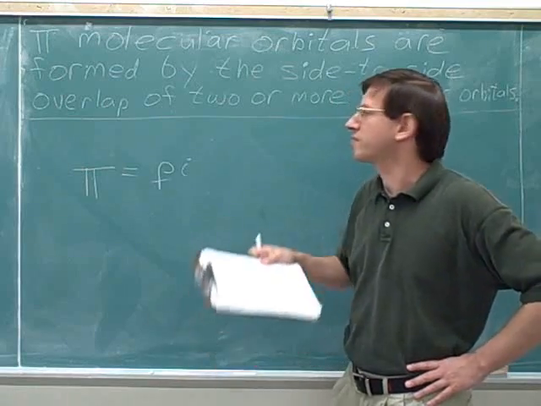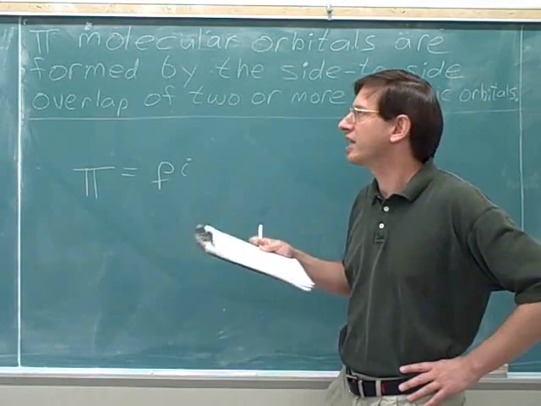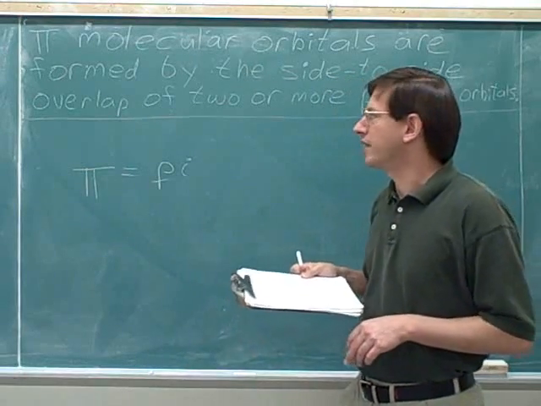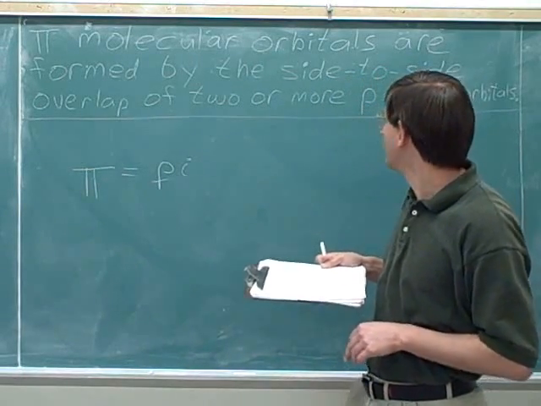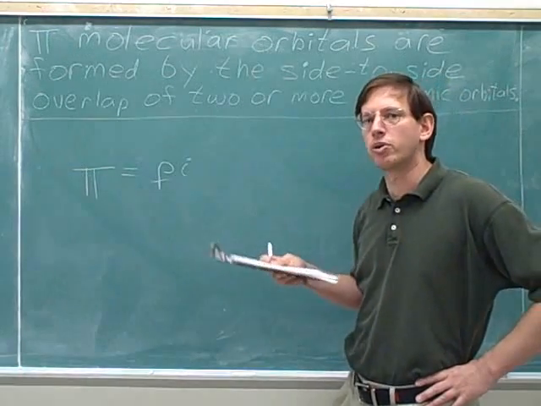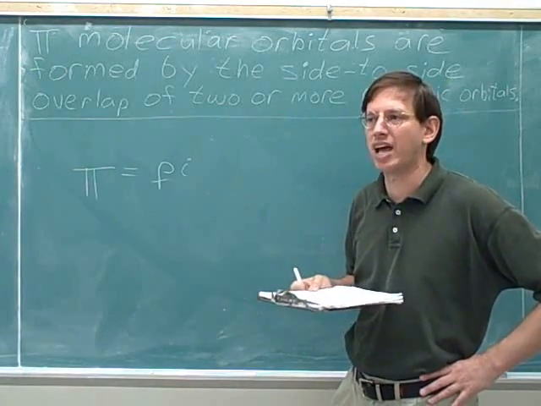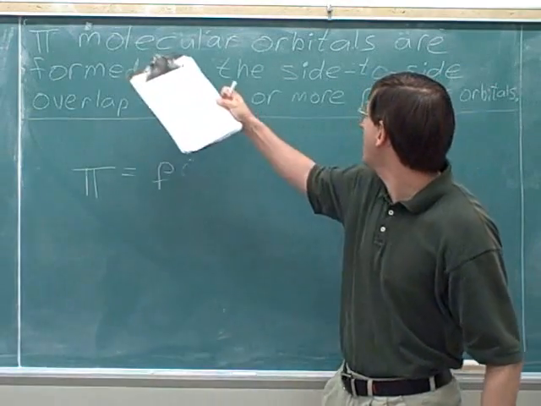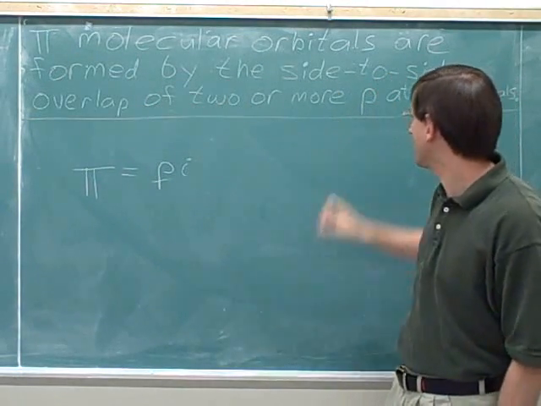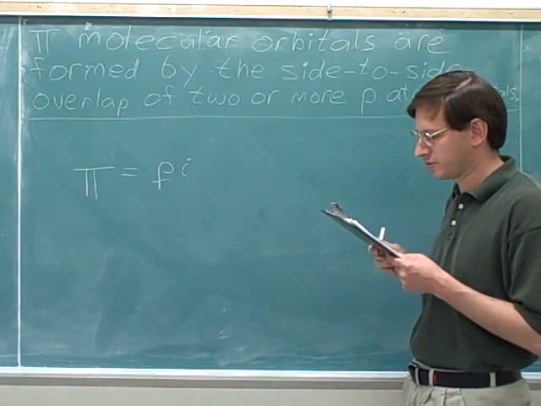There's also the sigma molecular orbitals. I'm not going to write it on the board, but the sigma molecular orbitals are formed from head-to-head overlap of atomic orbitals. Sigma orbitals are formed from a head-to-head overlap of atomic orbitals, but the pi molecular orbitals are formed by side-to-side overlap of 2 or more p orbitals.